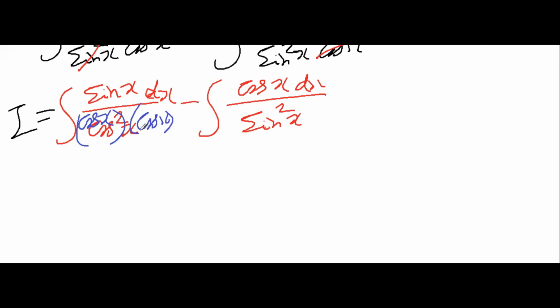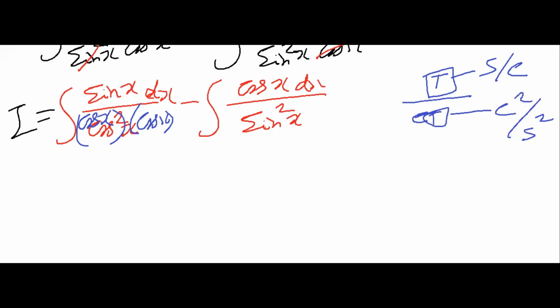Whenever you see one trigonometric function, sin or cos, in the numerator, and in the denominator you see one trigonometric function, that is cos square or sin square, you should never worry.